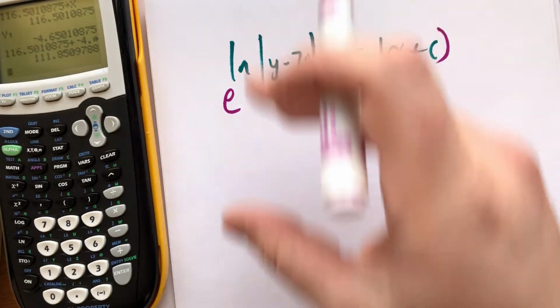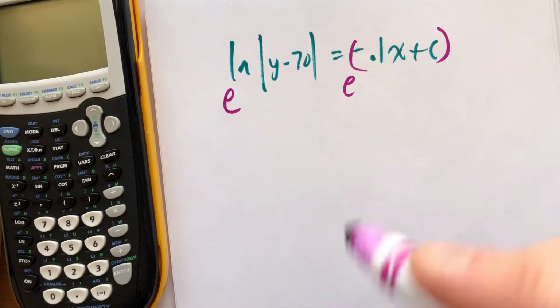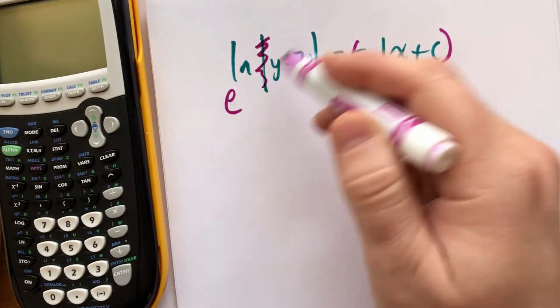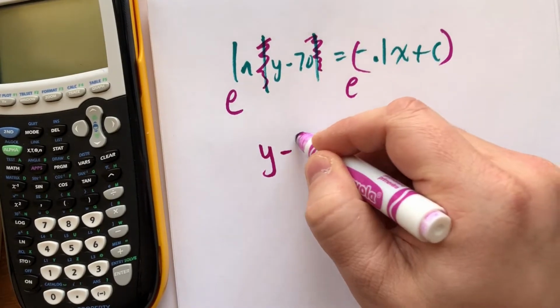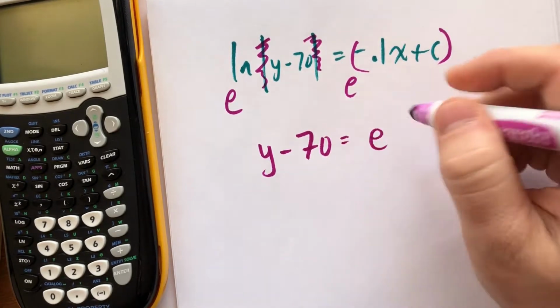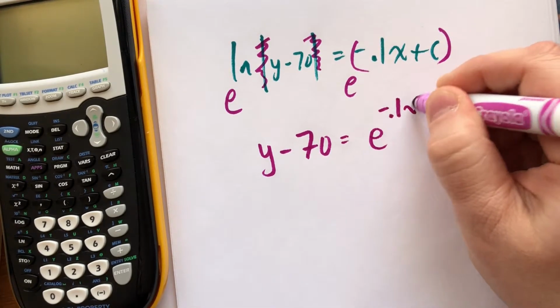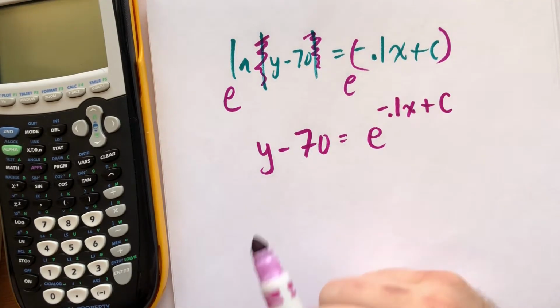If it starts out colder, it's going to warm up. If it starts out warmer, it's going to cool down. But it's always going to aim for that room temperature. So I don't actually need these absolute value bars for this question. I can say y minus 70, because we just canceled it out with the e-ing it, is equal to e to the negative 0.1 x plus c.